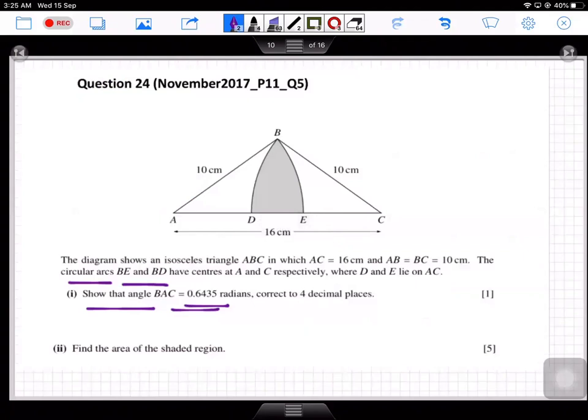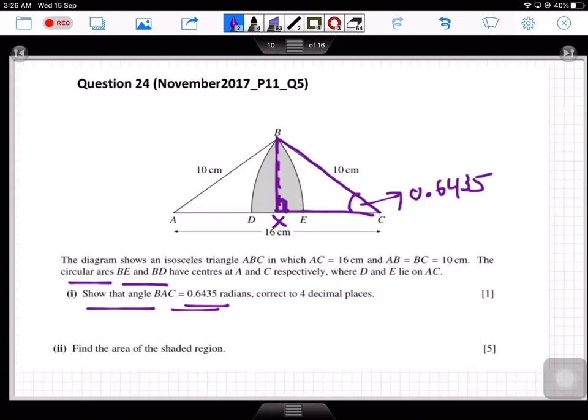Now we can actually find out the area of this triangle, which, let's say this point is X, the area of this triangle BXC. Instead of finding the height, what we can do is apply the sine rule. This angle is also 0.6435.